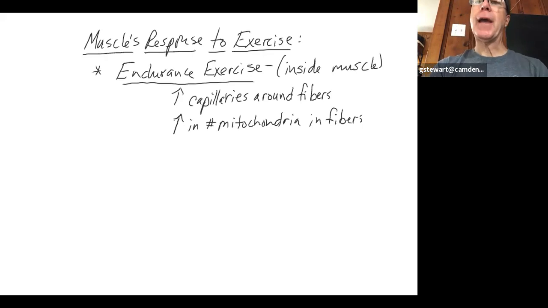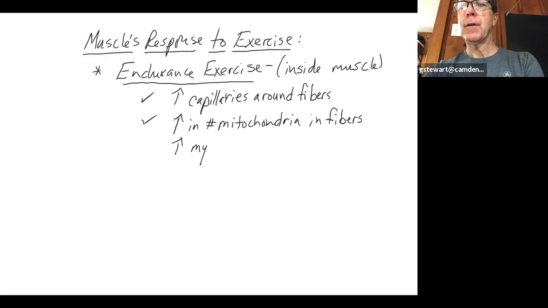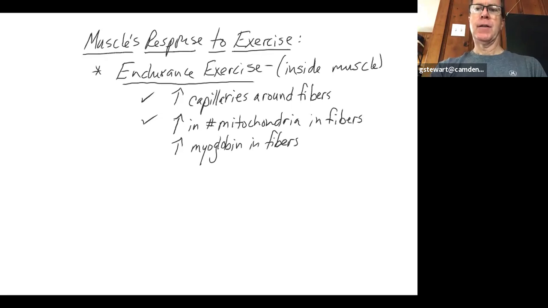So by endurance exercising, we can increase blood flow to that muscle, we can increase the number of mitochondria in each individual cell, and we can also increase the amount of myoglobin in the fibers. Remember, myoglobin binds and stores oxygen. So all of these 3 things make sense.